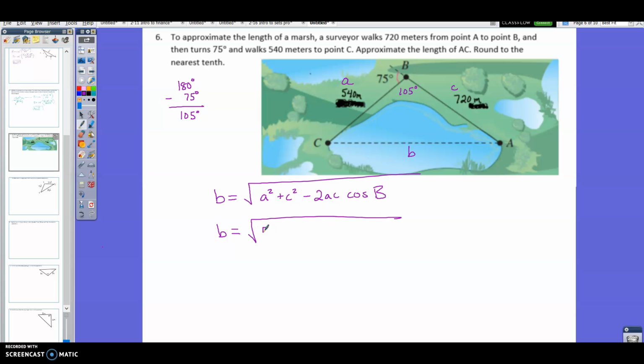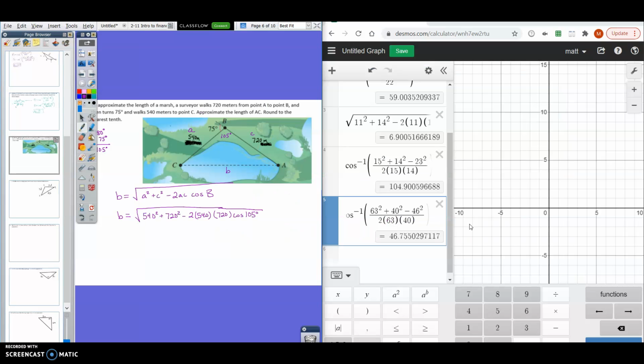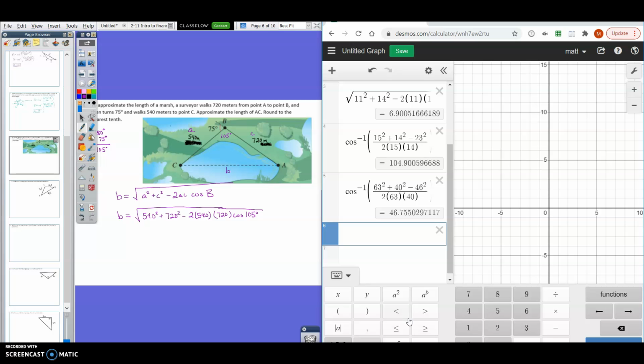So A was 540, C was 720, A was 540 again, C was 720. Then we have the cosine of angle B, which we found was 105 degrees. So now that we have everything plugged in, all we got to do is type all of that into the calculator.